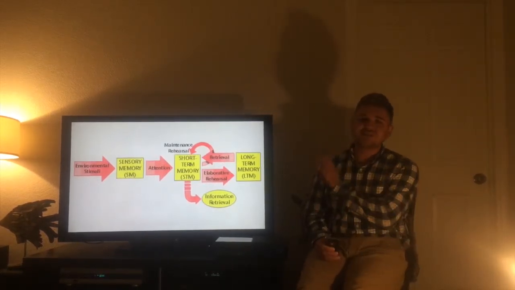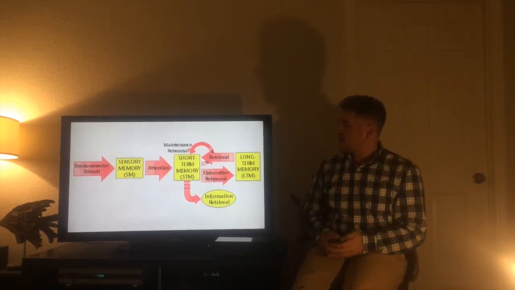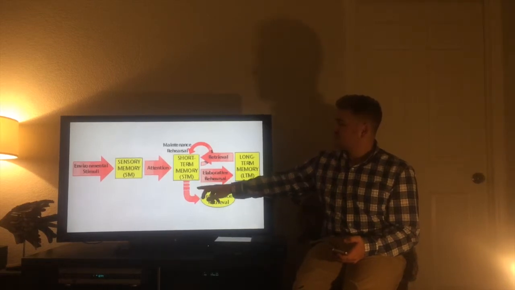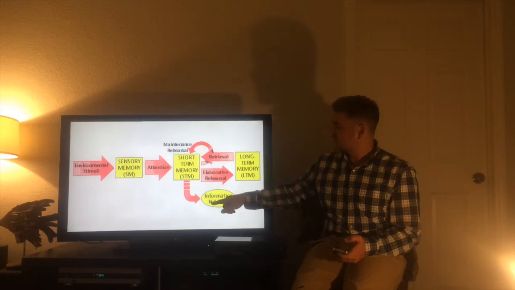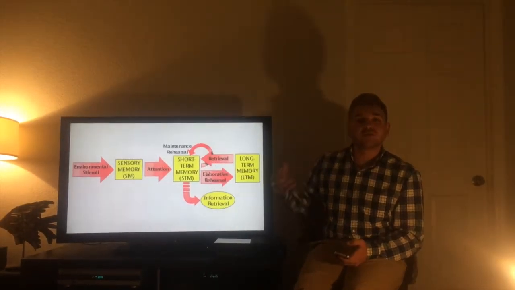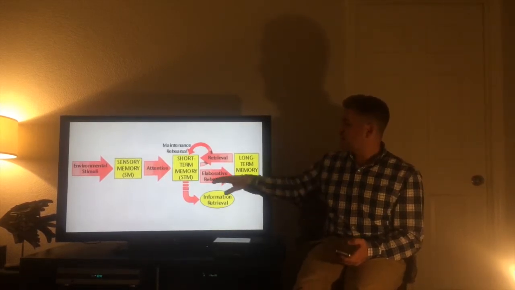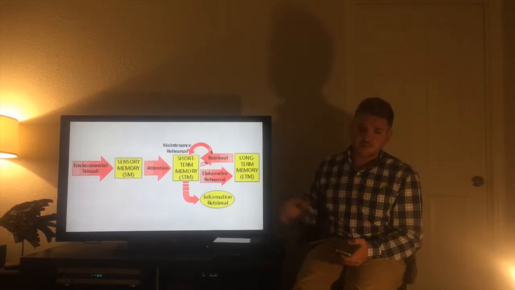Once attention is given to the sensory memory, the short-term memory, the STM, is created. This lasts about 15 to 20 seconds. Now, if we give that short-term memory more process, so we maybe think about it or rehearse it in a way, we now go into the long-term memory.